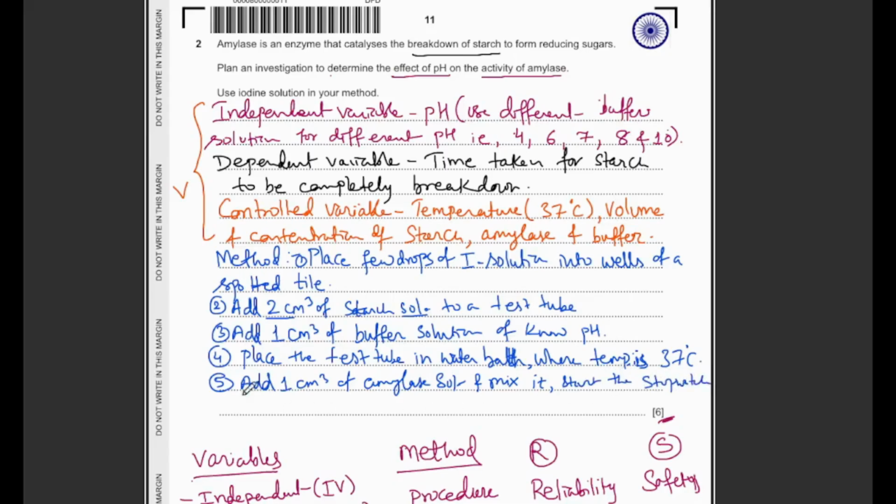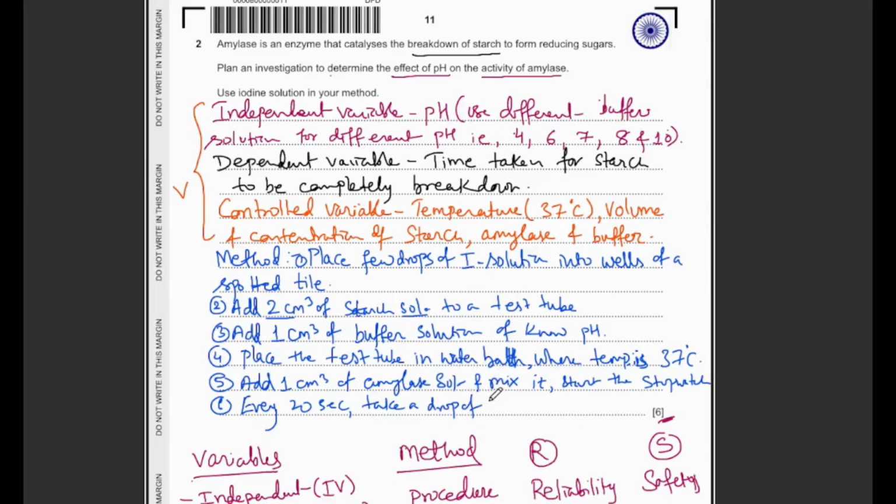Okay, once we start this one, the sixth bit will be every 20 seconds take a drop of this mixture, the above mixture, in which we have the test tube, we have starch solution, buffer solution, okay, and in that we have amylase also.